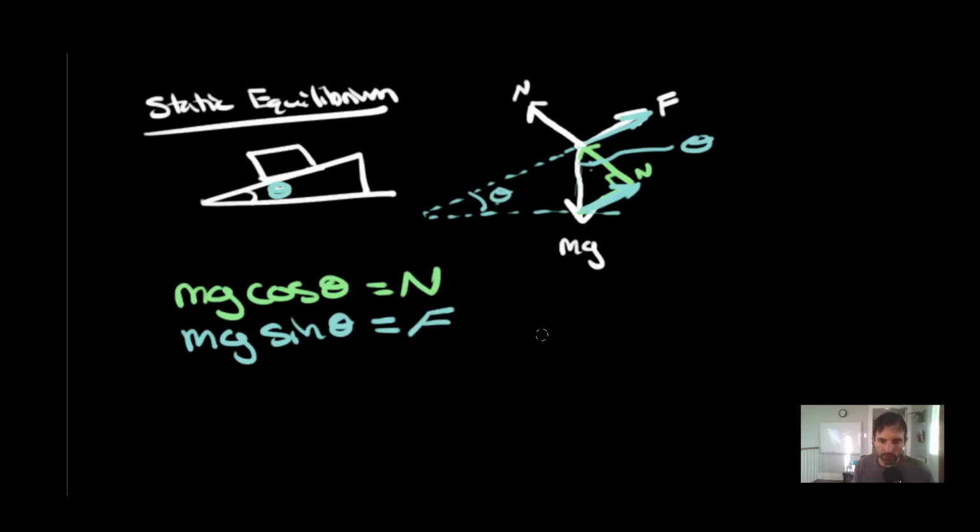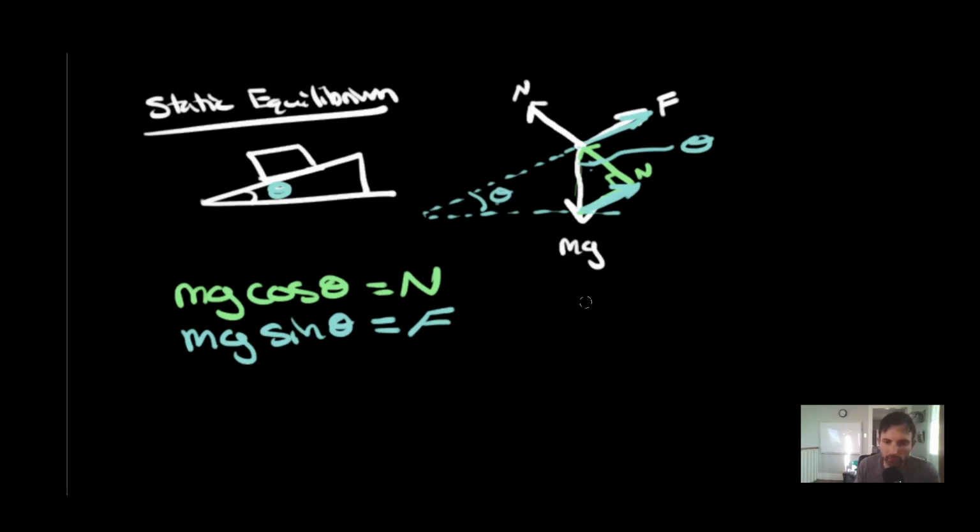What can we do with this relationship? Well, if I wanted to know the force it takes to break the static coefficient of friction and move the block up the inclined plane, I would need to know, just like the last example, what my maximum force would be.